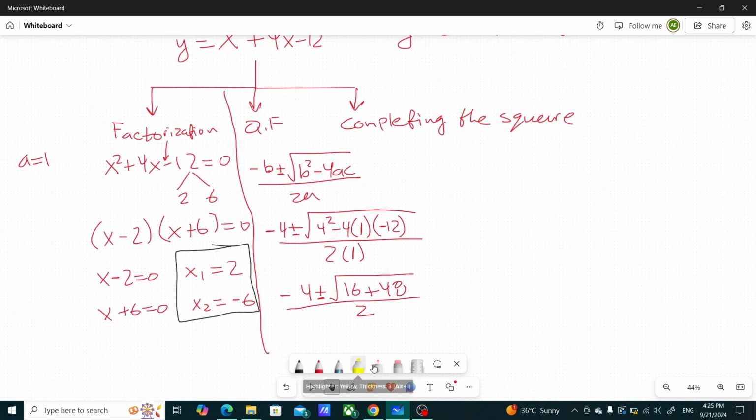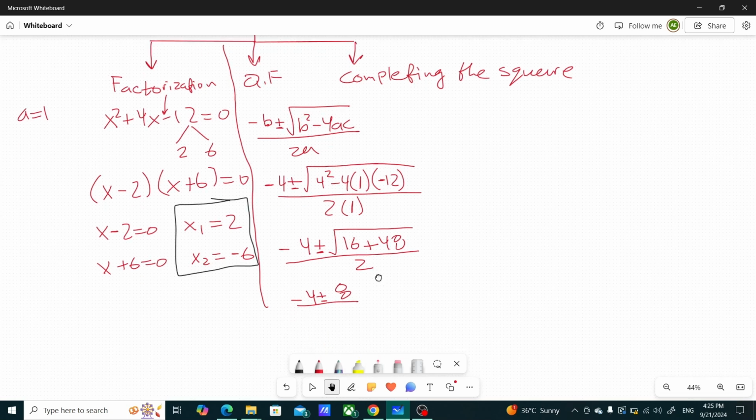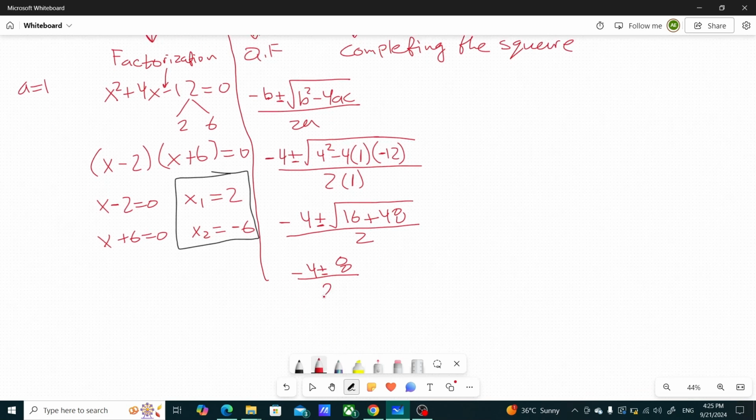So if I try to solve, I will have minus 4 plus or minus 16 plus 48 is 64, and if we square root 64, we will get 8, all over 2.